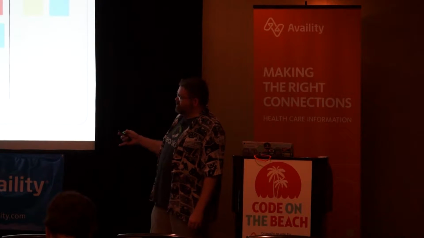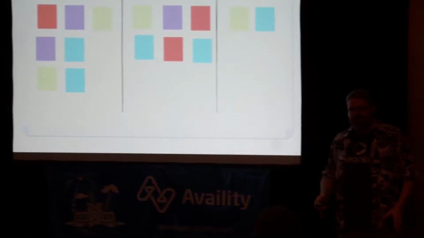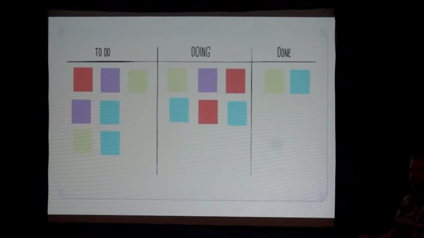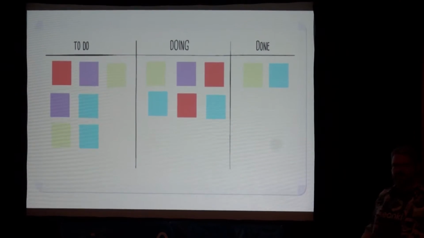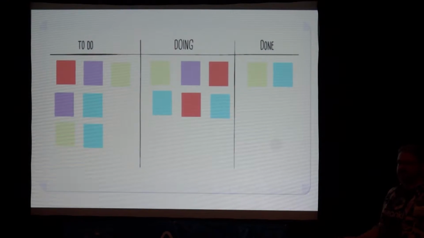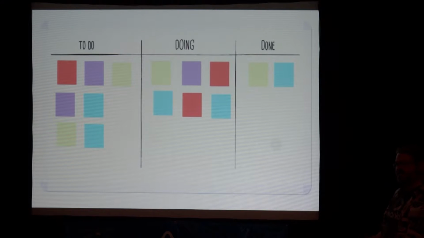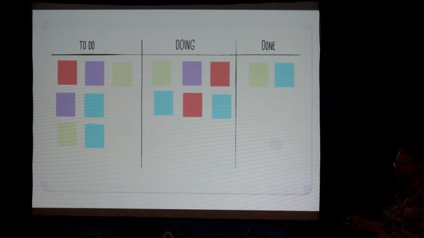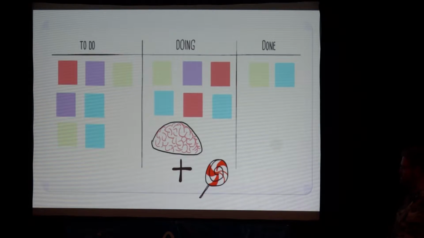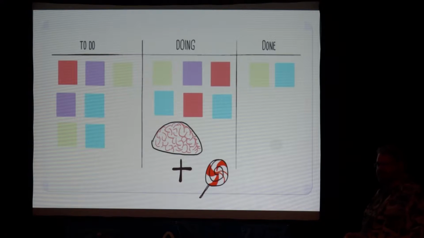So a Kanban board takes our work and turns it into visual information that we can process, and we can look at a board at a glance and know pretty much the state of everything and who's working on what. It takes our work and turns it into brain candy. Our brains love that kind of visualization, or brain bacon. I prefer bacon myself.